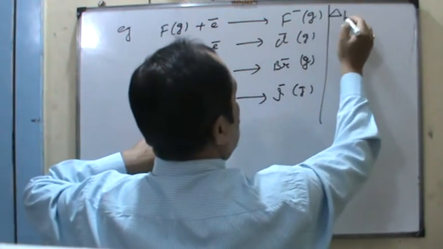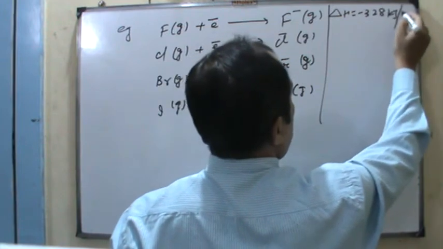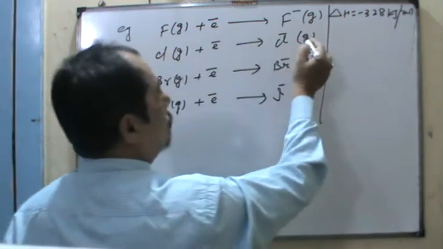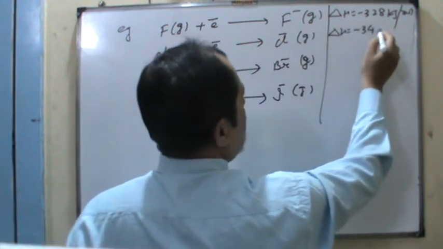So far as energy lost is concerned, for fluorine it is minus 328 kilojoule per mole.